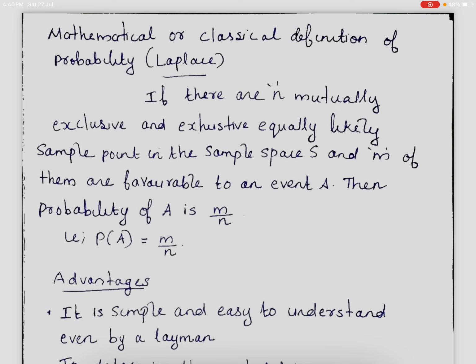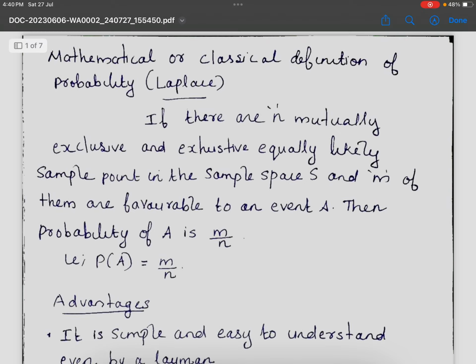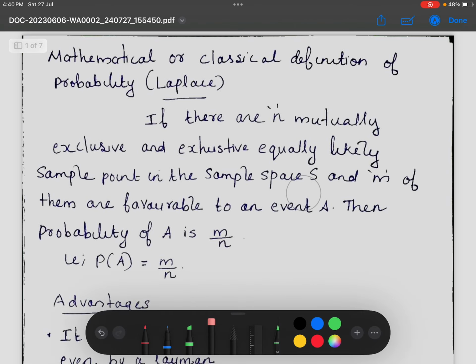Let's start. Let S be the sample space, and there are n mutually exclusive and equally likely sample points.